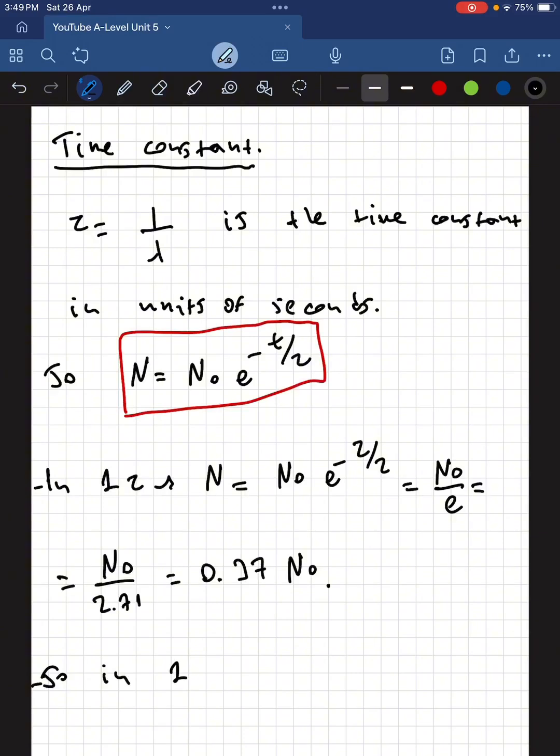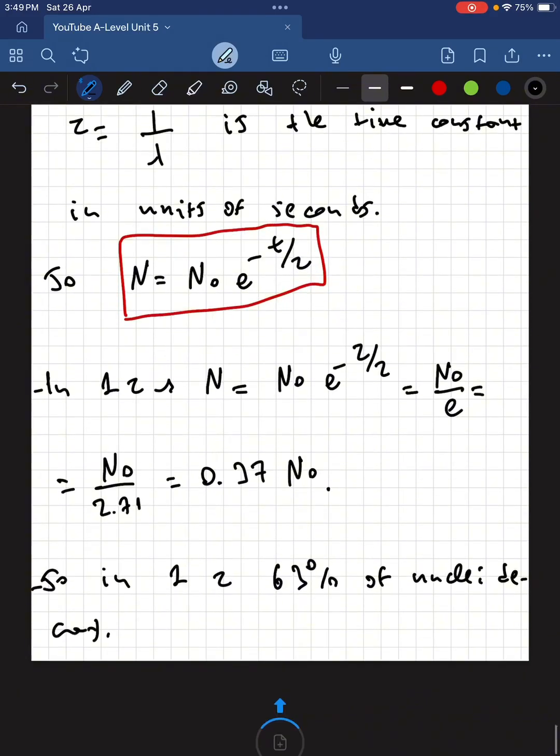So in one time constant, 63% of nuclei decay. This is similar to the capacitor case, where we saw the time constant and an exponential decay curve. The same thing applies to nuclear decay.